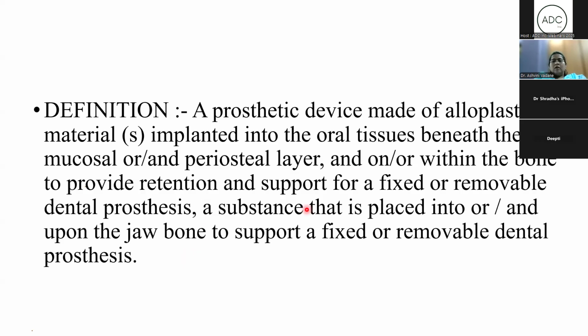So this is the definition of dental implants. So we can place either fixed or removable prosthesis over the dental implant that we have seen in the last few slides.